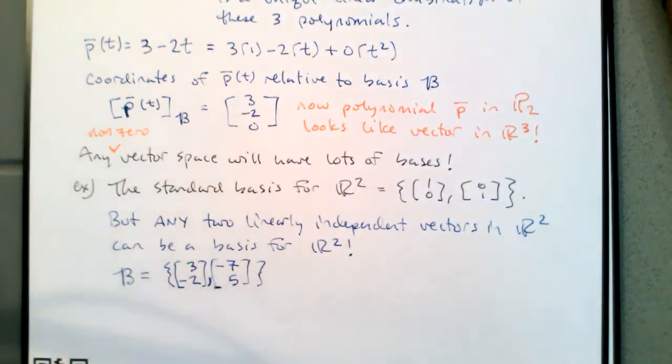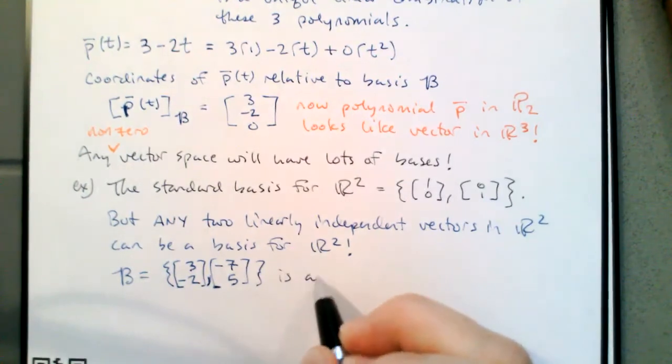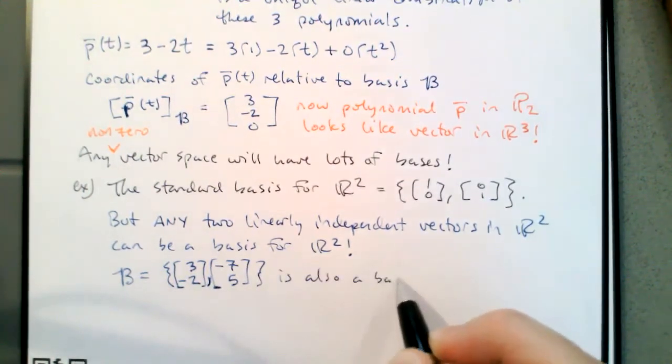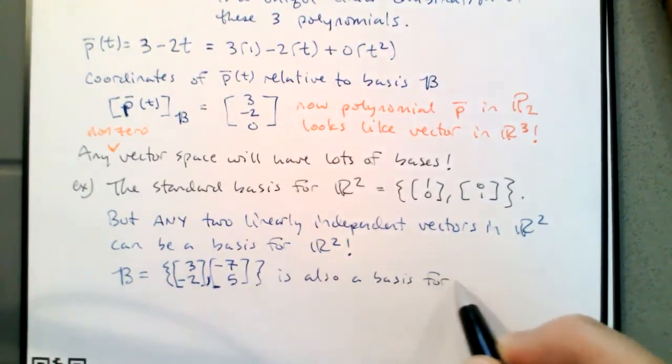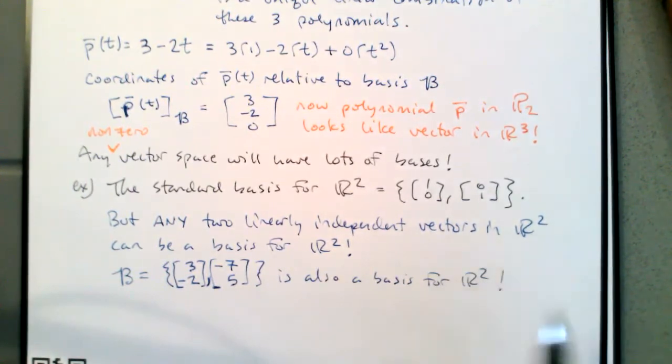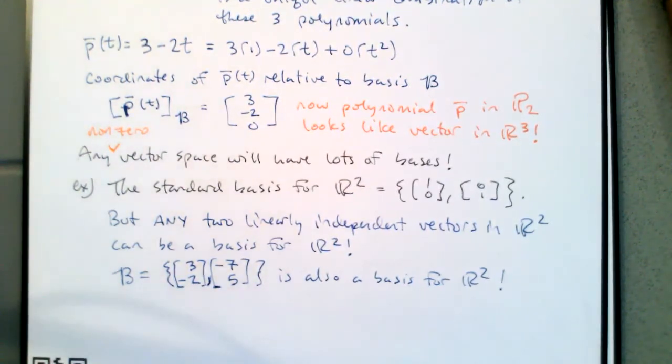Making a set of vectors, not a matrix. 15 minus 14, that's going to be 1, so that'll work. That's easiest. This set of vectors is also a basis for R2. Everything in R2 can be written as a unique linear combination of these 2 vectors, 3, -2, -7, 5.